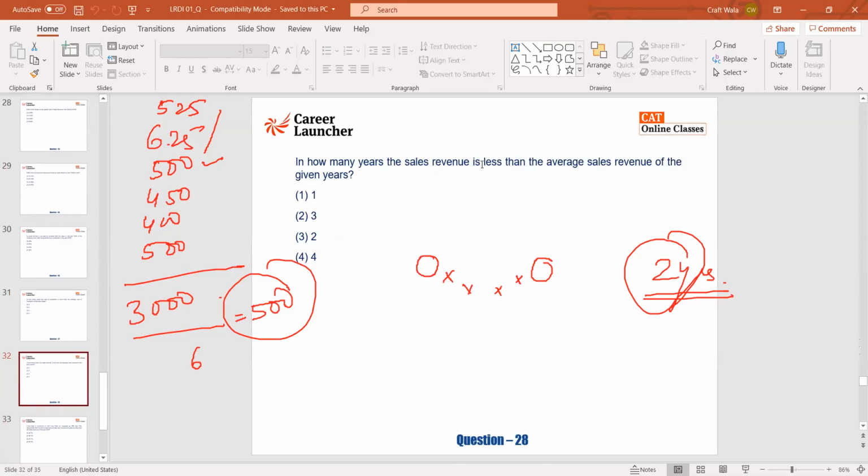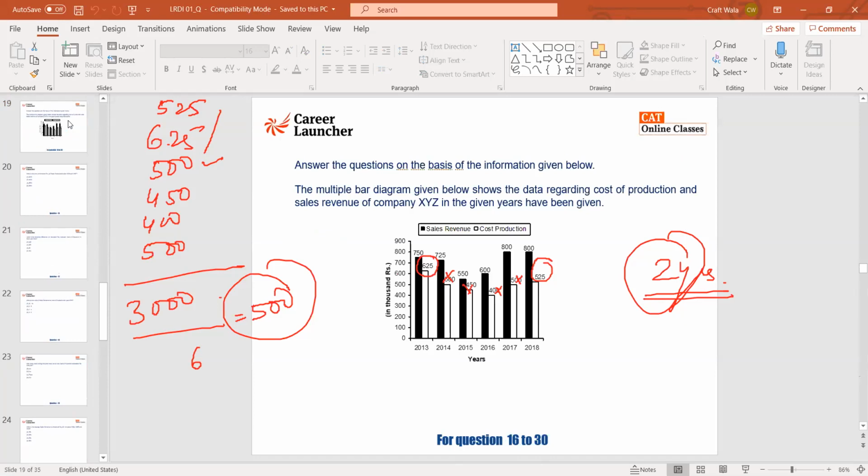This time it is asked how many years sales revenue is less than average sales. So we have to look at how many values are less than 704. So less than 704 is only 2, 15 and 16. Question number 28 is asking less than. One is asking more than, the other is asking less than.